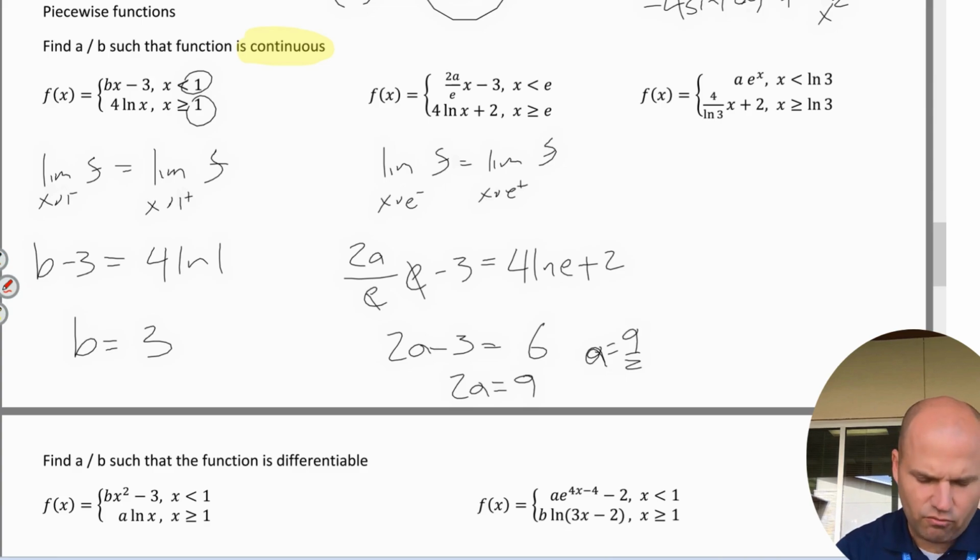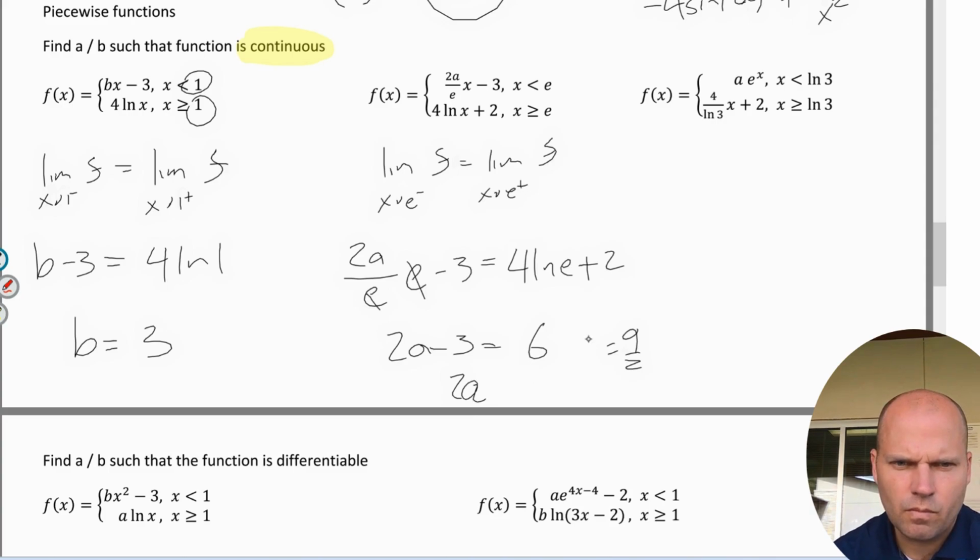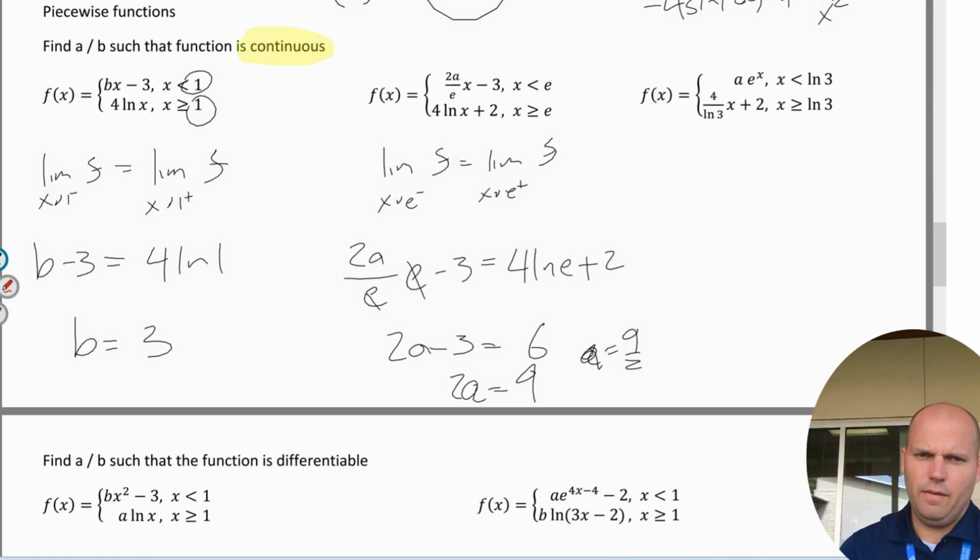My a's and my 9's look really similar, and I apologize for that. That looks like a Q. Whatever.